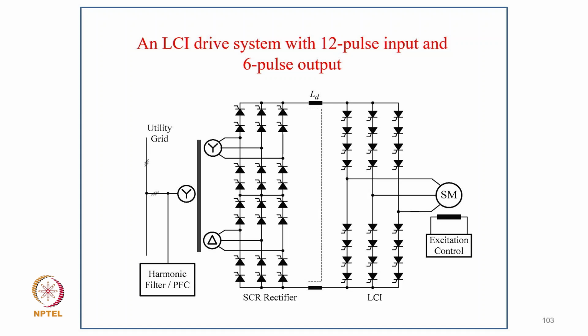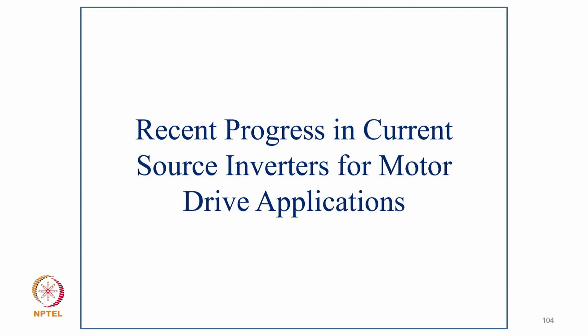Or we use typically the 12 pulse with the harmonic filters, and then on the output, also for synchronous motor drive, the same thyristor, but with the excitation control we give the recommendation. So this is used for very large ratings, even up to 100 megawatt.